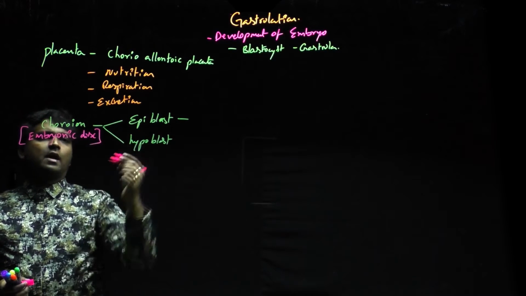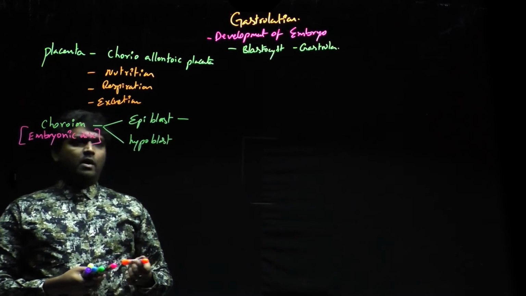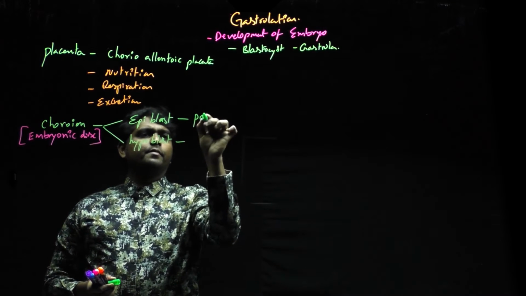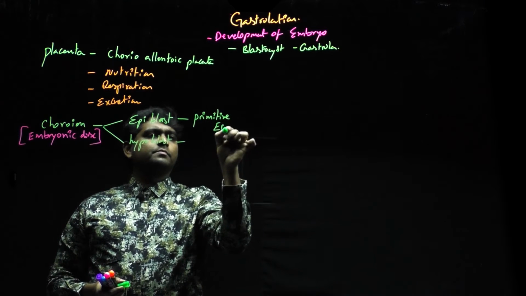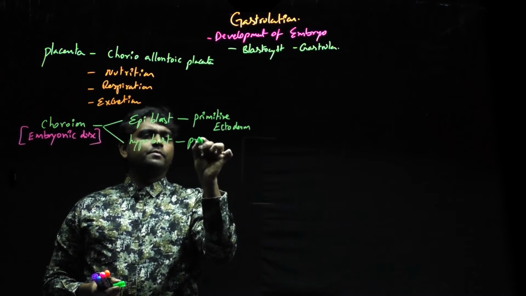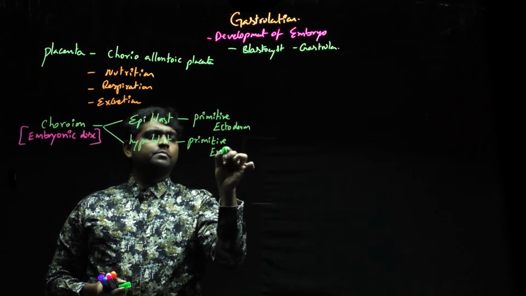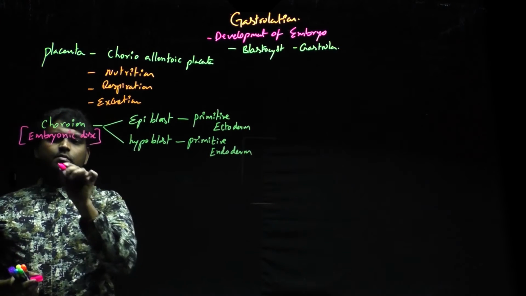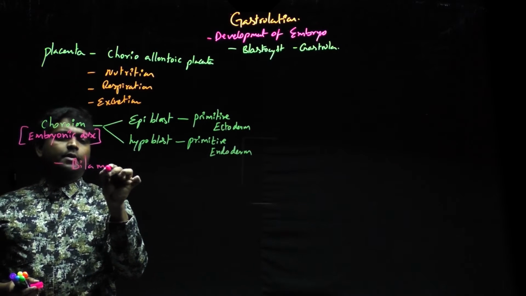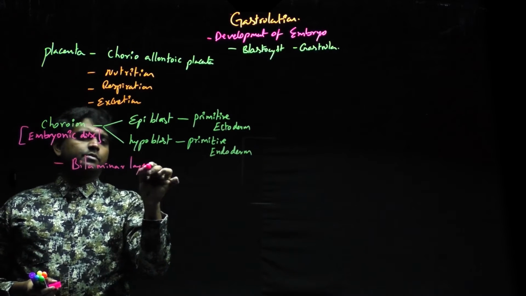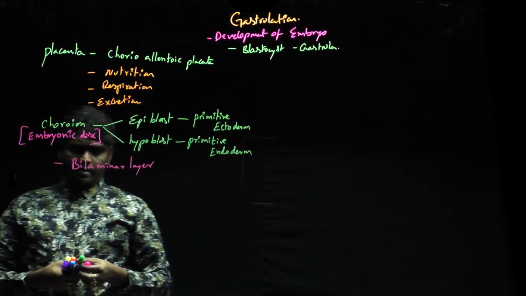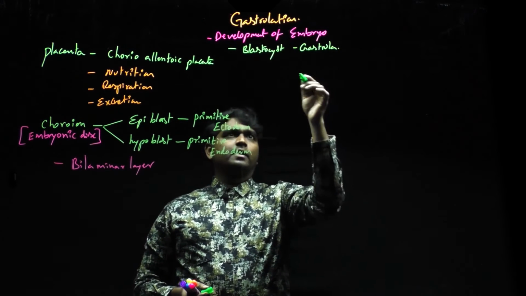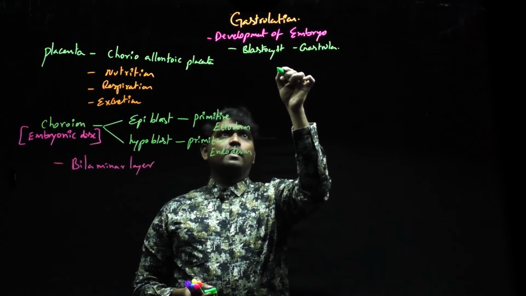That embryonic disc has these layers, epiblast and hypoblast, which will give primitive ectoderm and primitive endoderm. So this is a bilaminar layer, which further develops into trilaminar layers.